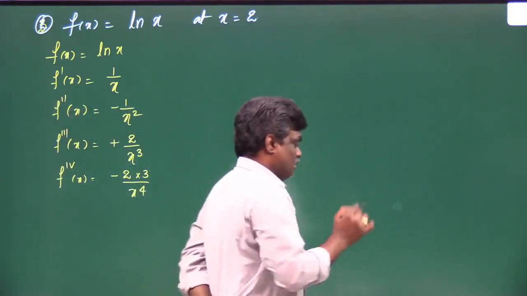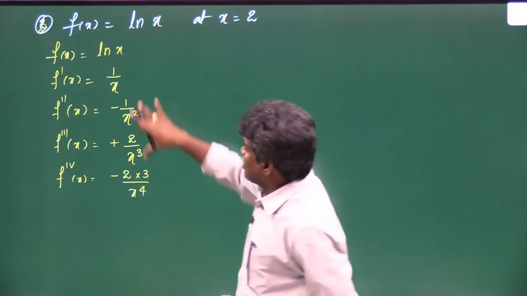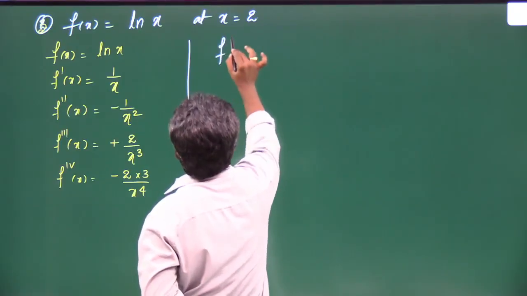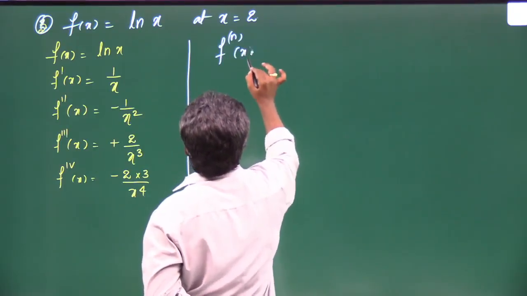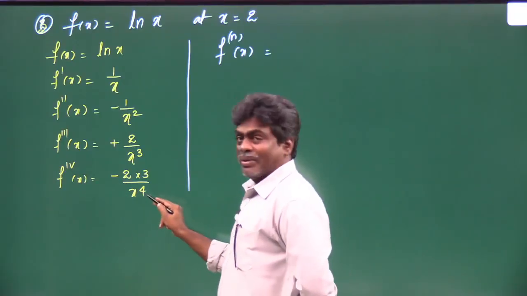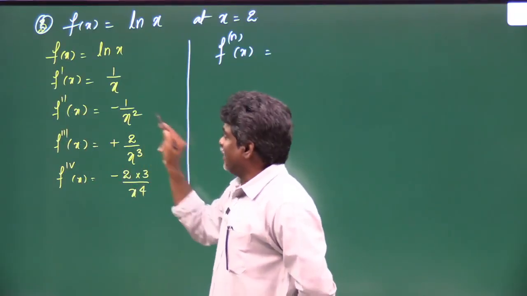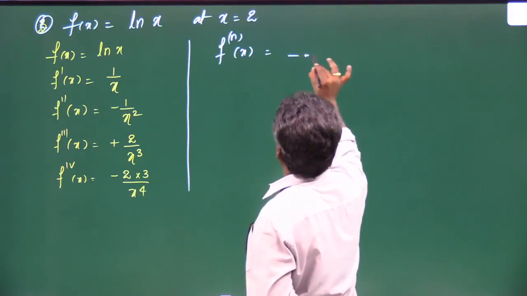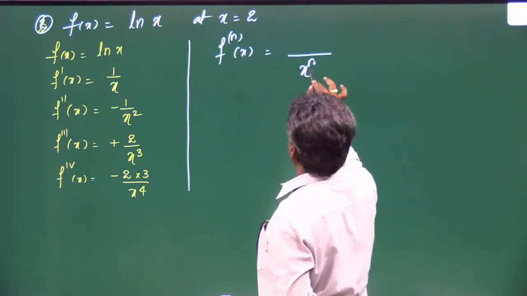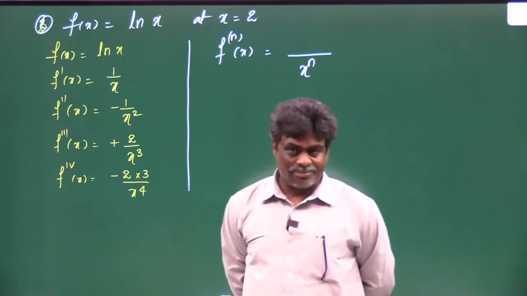Cool. Now we have to write the nth derivative by using this. Now see carefully. Fourth derivative x power 4, third derivative x power 3, second derivative x square. First write the denominator, so the nth derivative has x power n below. Next give the sign.